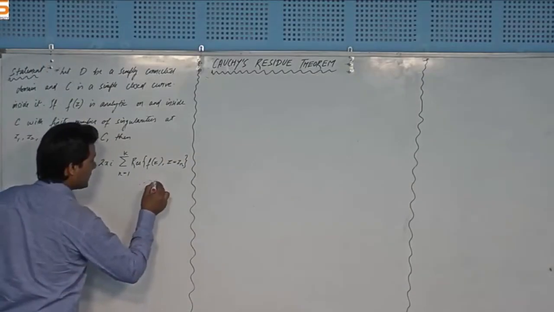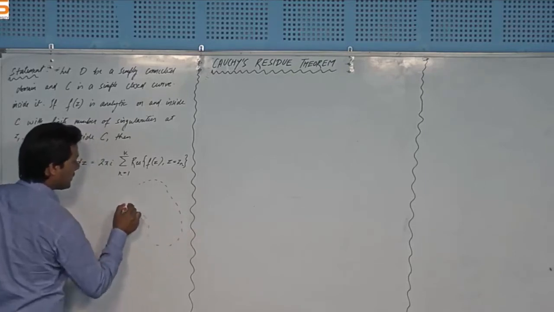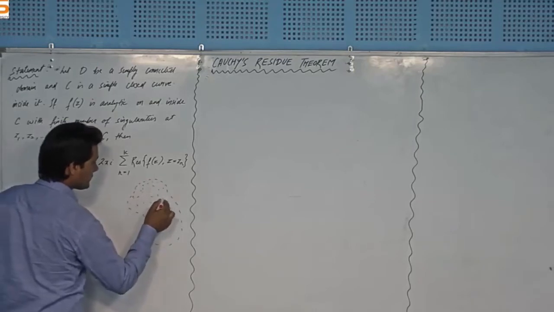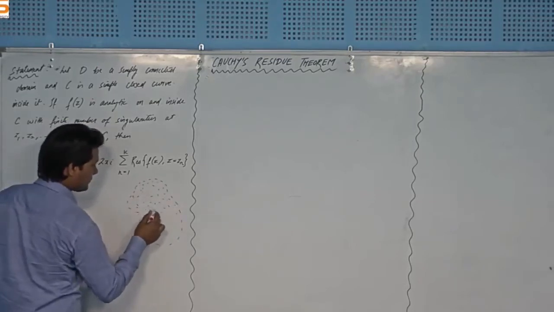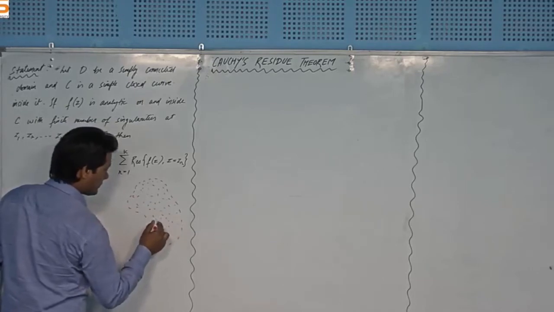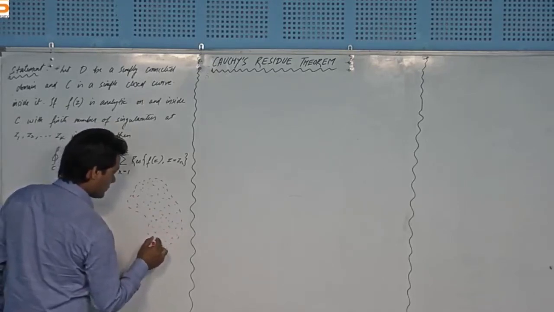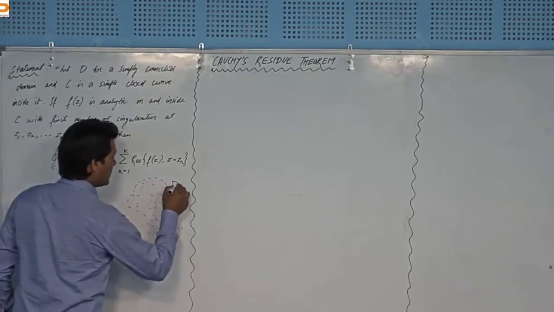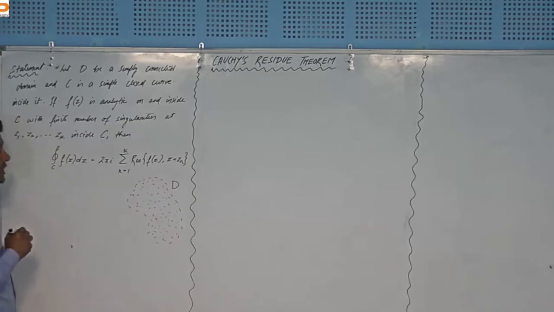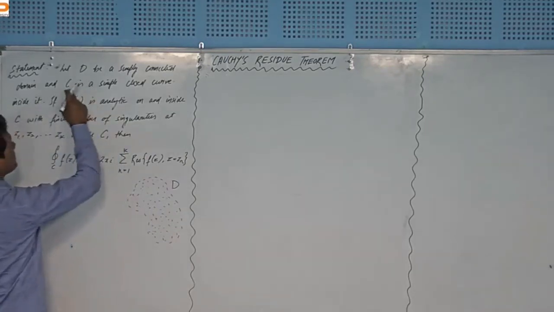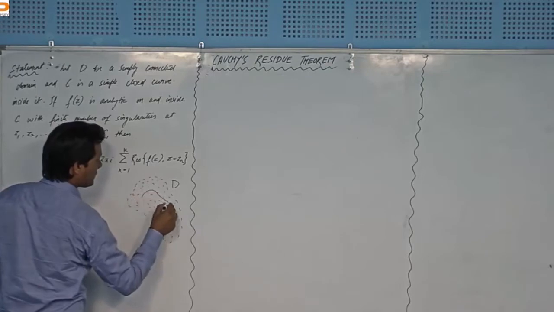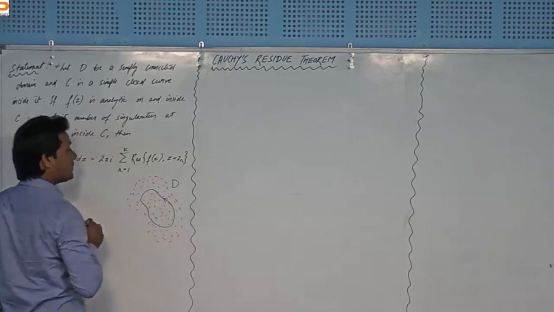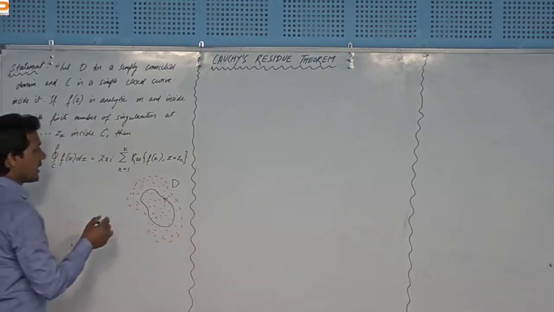So this is the domain D of any arbitrary shape, and inside your domain D you have a simple closed curve C, like this one, and conventionally its direction is taken as anti-clockwise.